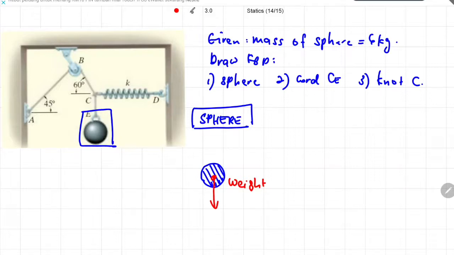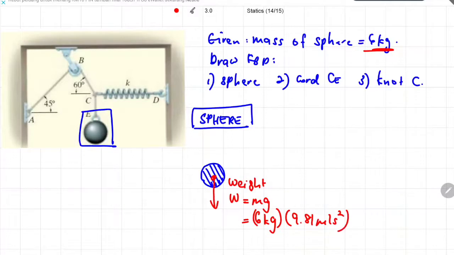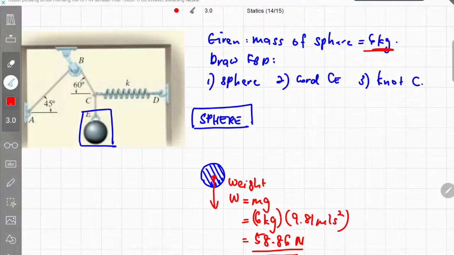The formula for weight is equal to mg, and given that the mass of the sphere is 6 kg, and g is the standard value of 9.81 meter per second squared, if you use your calculator, you will get a corresponding value of weight to be 58.86 Newton. So that is the first force on the sphere.